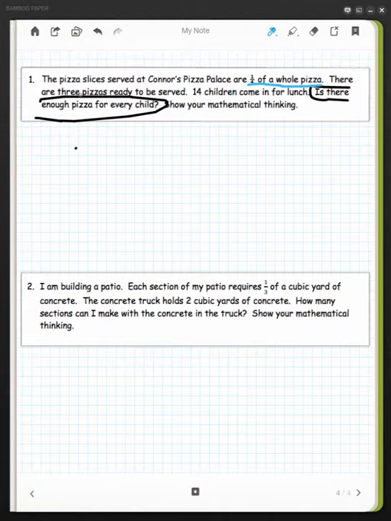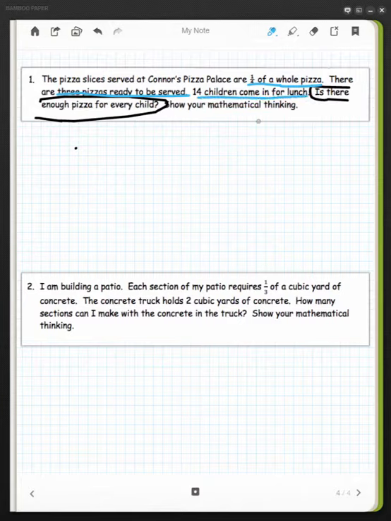There are 3 pizzas ready to be served. Does this help me answer the question? Yes, it does. 14 children come in for lunch. Do I need this part of the information? Yes, because my question asks, is there enough pizza for every child?